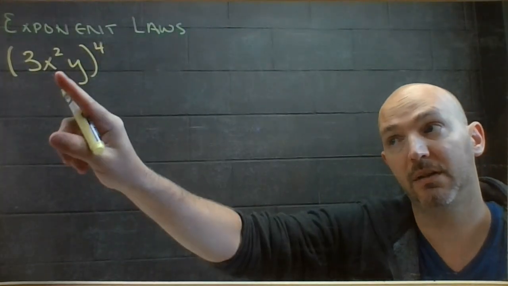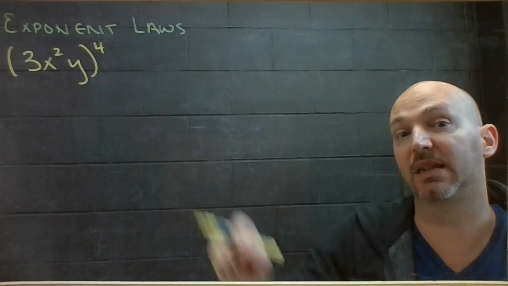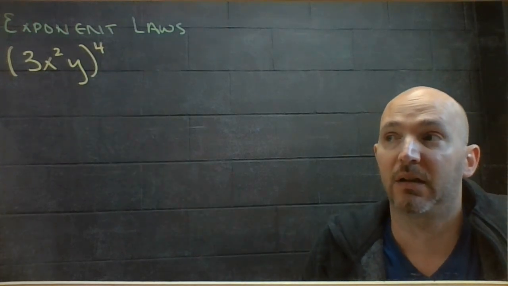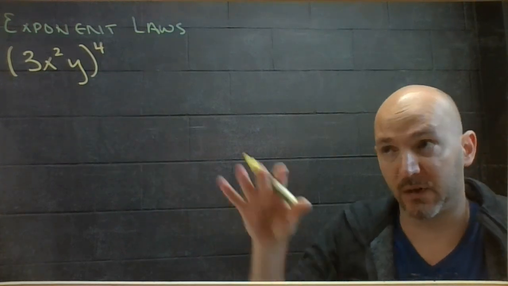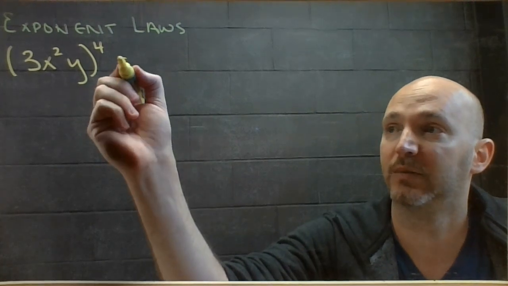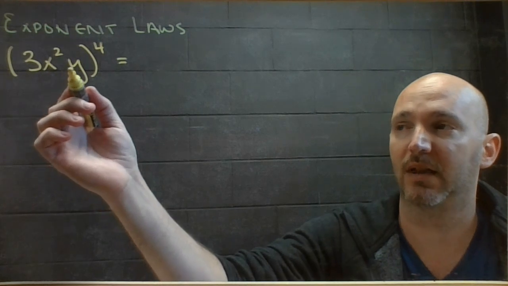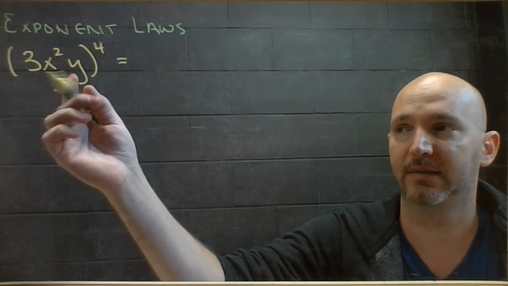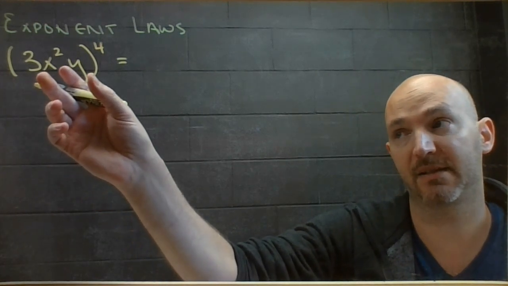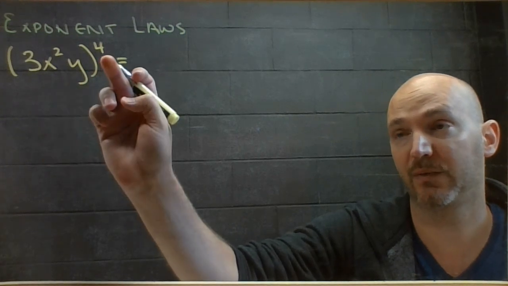Okay, this one has an exponent inside the exponent. So to deal with that, I'm going to write it out the long way. I have a 3 and an x squared and a y all multiplied together, and then we're supposed to multiply this expression by itself 4 times.